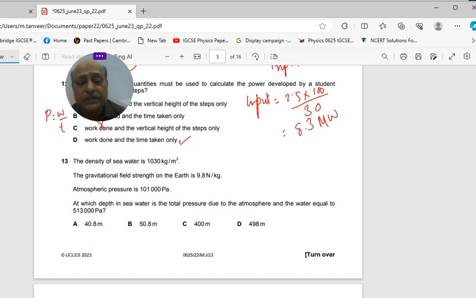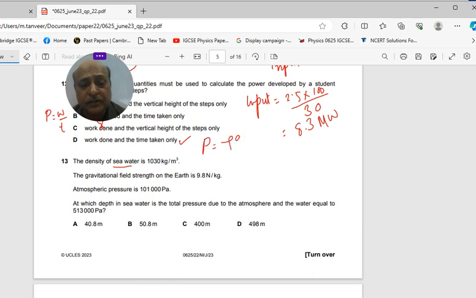Question number 13. Density of seawater is 1030 kilogram per cubic meter. Gravitational field strength of Earth is 9.8. Atmospheric pressure is 101,000 Pascal. At which depth in the seawater is the total pressure due to atmosphere and water equal to 513,000 Pascal? So you must know liquid pressure. Liquid pressure equals rho gh.